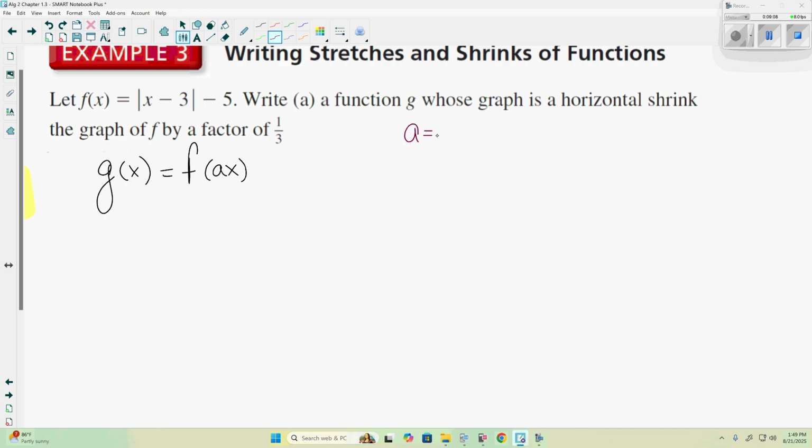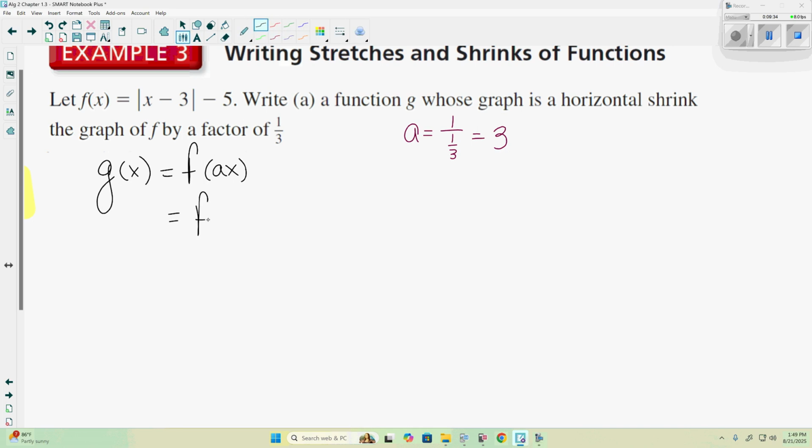Flip it, because we're talking horizontal shrink. So when we flip it, a is 3. If it's helpful to write out the fact that it's 1 over 1/3, which gets us to our 3, do that. But again, we're flipping that 1/3. We've got to flip it to find out the correct value we're plugging in for a.